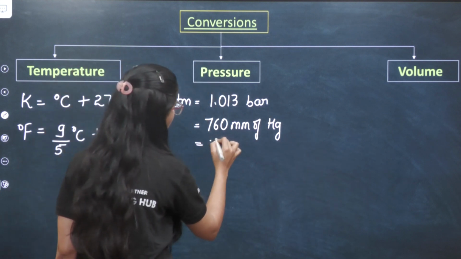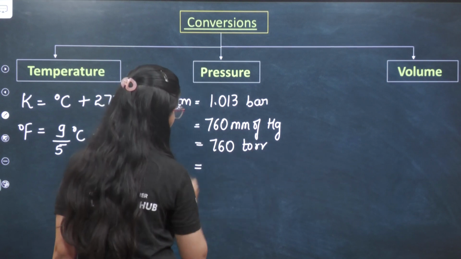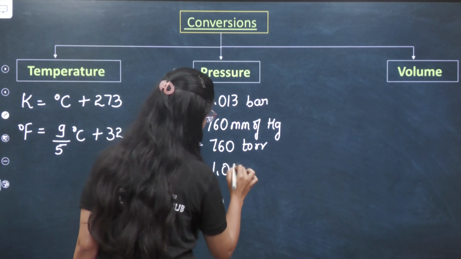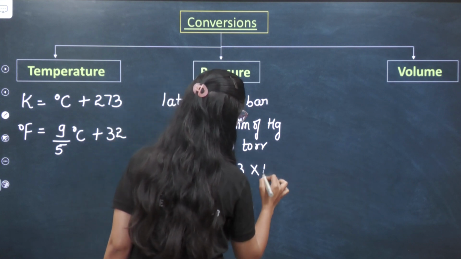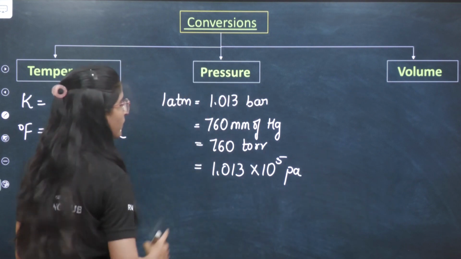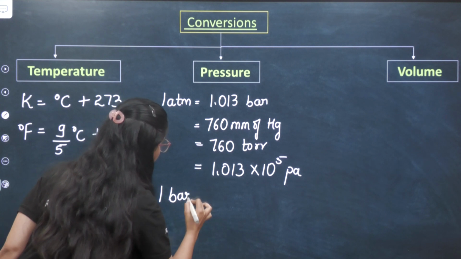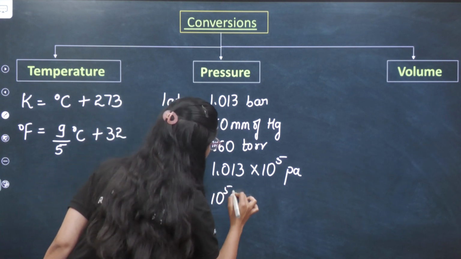Otherwise, it is also called 760 Torr. It is equal to 1.013 into 10 raised to 5 Pascal. And another important one, that is your 1 bar will be equal to 10 to the power of 5 Pascal.